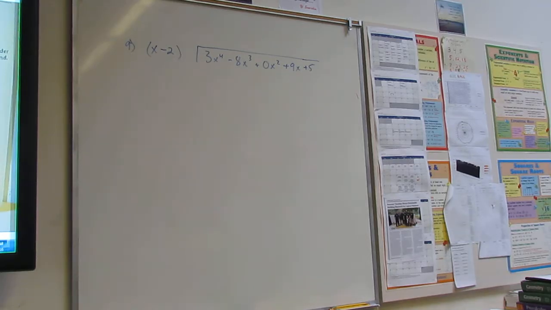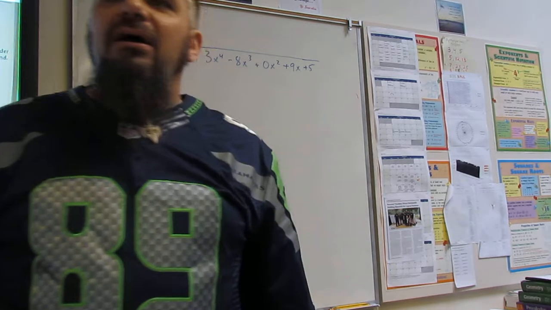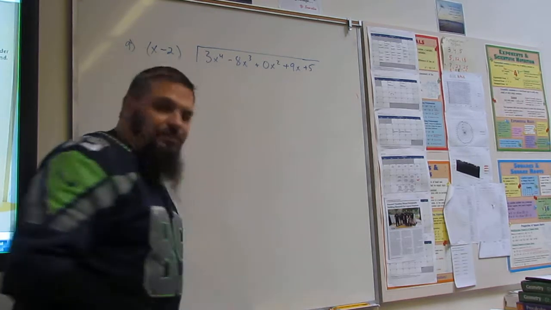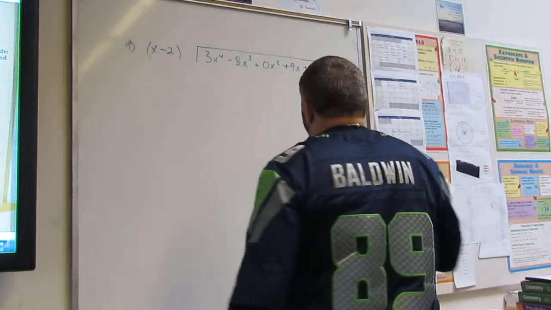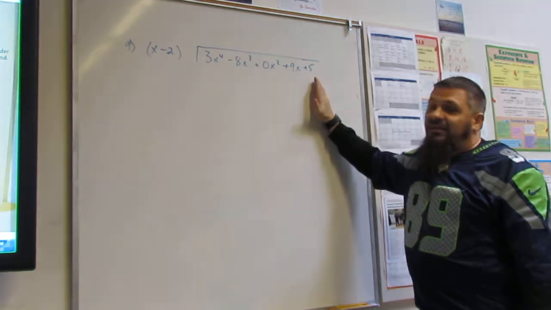Okay. Alright, so what they want you to do is called synthetic division. Or a lot of times it's called long division. It's just like long division. But to do it, you need to set up a spot for each x.